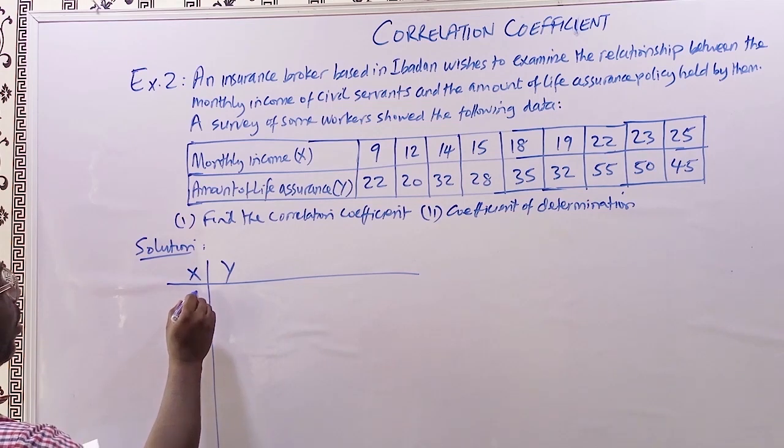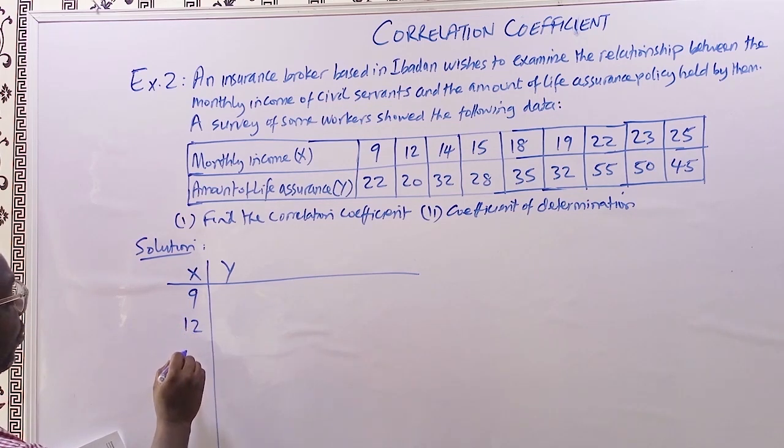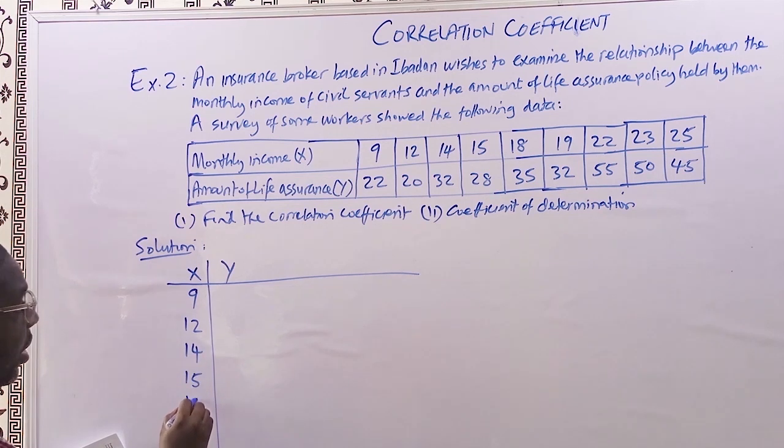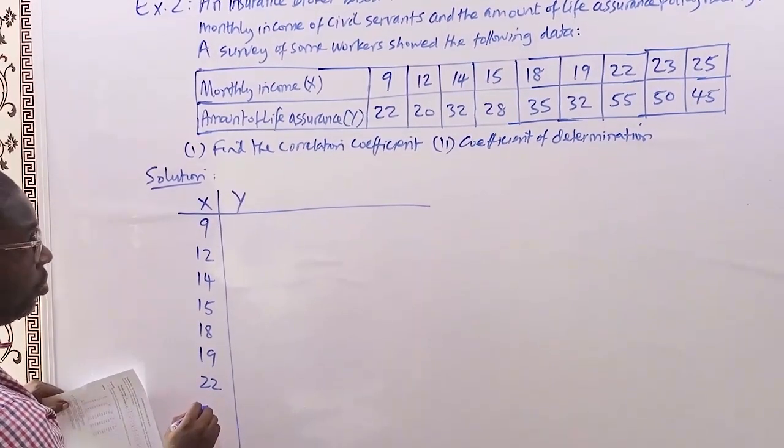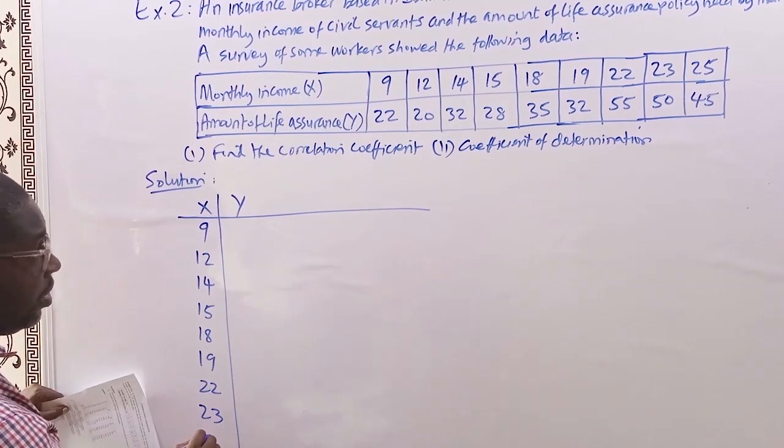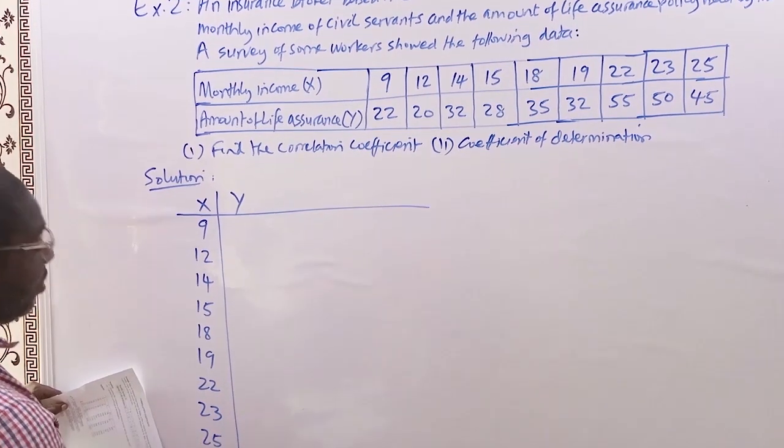For x, we have 9, 12, 14, 15, 18, 19, 20, 22, 23, and then we have 25.